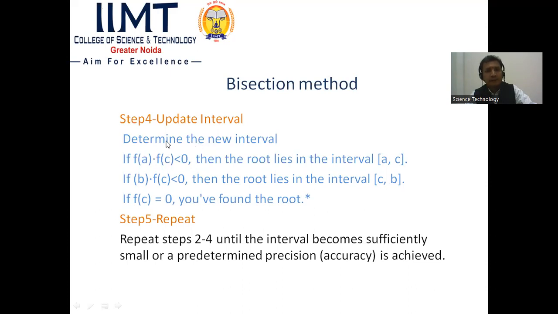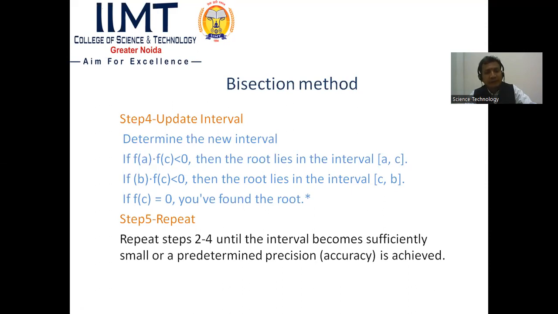After that, we will examine for these two new intervals if f(a) into f(c) is less than 0 or f(b) into f(c) is less than 0. If the first condition satisfied, then we will say root lies between the interval a and c.